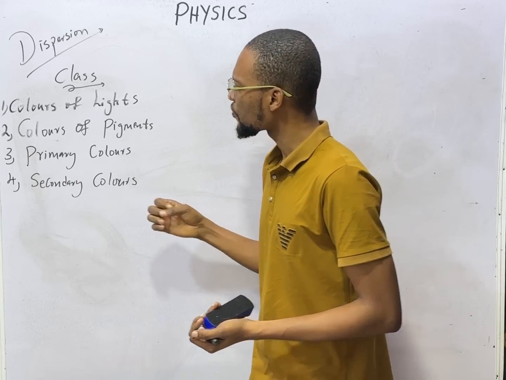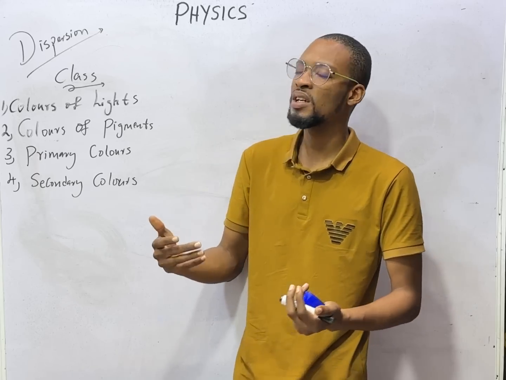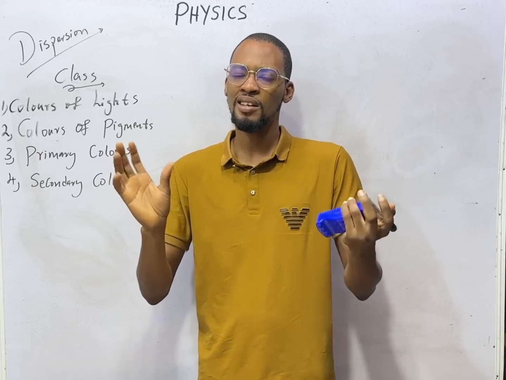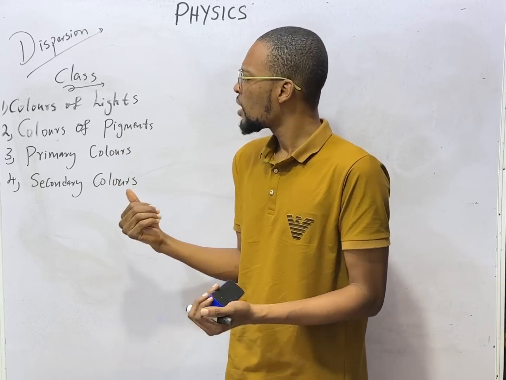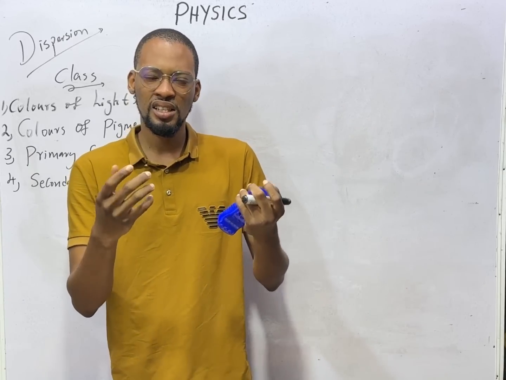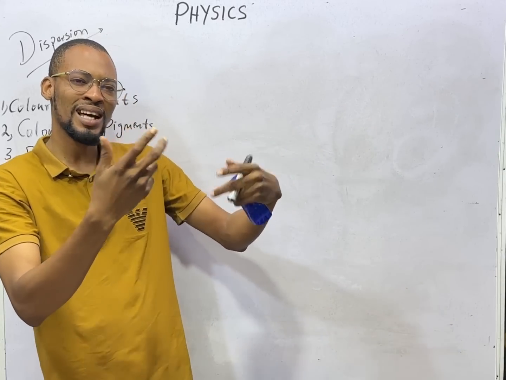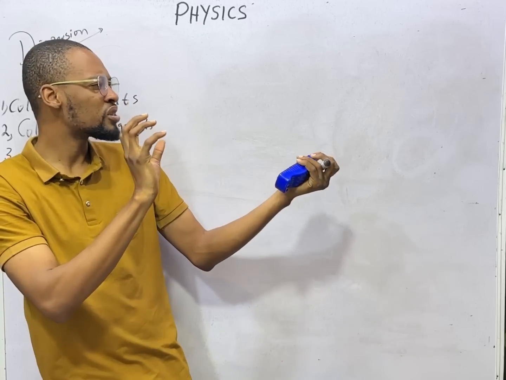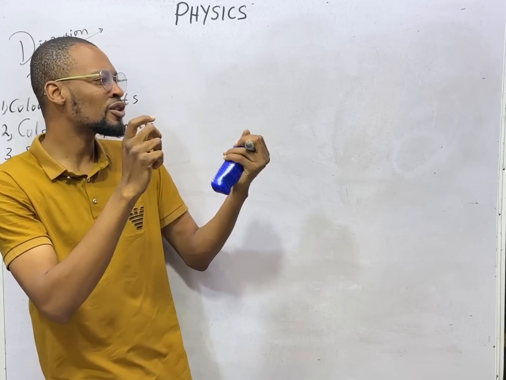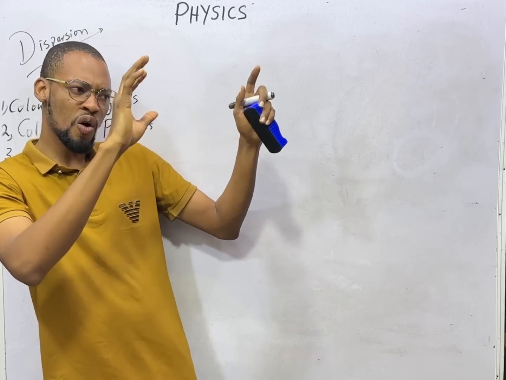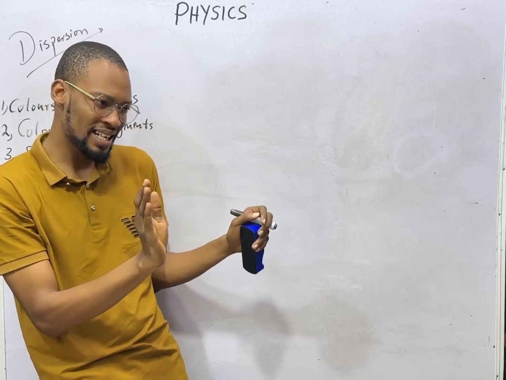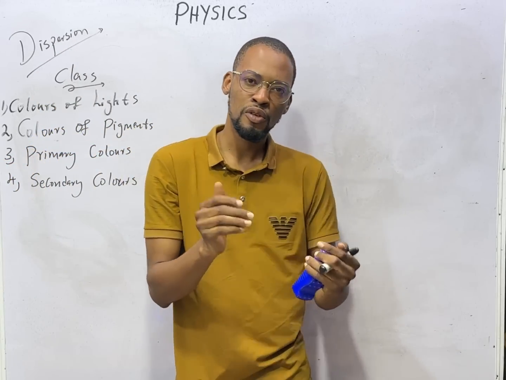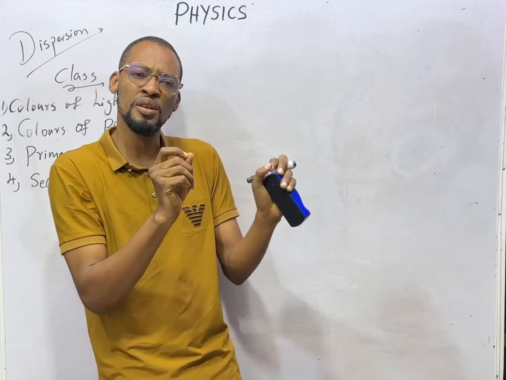Now look at this. Colors of light are simply colors that are reflected by light. Now, the color the eye sees is the color that an object reflects. When you see a white color, it means that object is reflecting all the colors of the white light, which means ROYGBIV. So once all the colors are reflected, you see a white color.